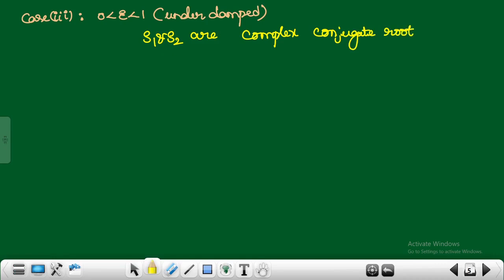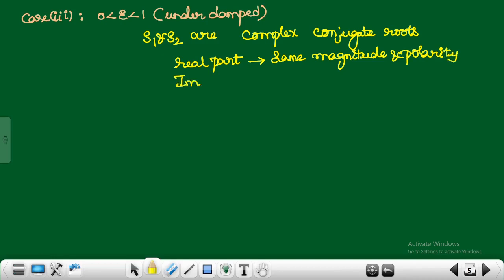So I will define what is the meaning of this complex conjugate roots. It means the real part of both roots has the same magnitude and polarity, and the imaginary part also has the same magnitude, but opposite polarity.